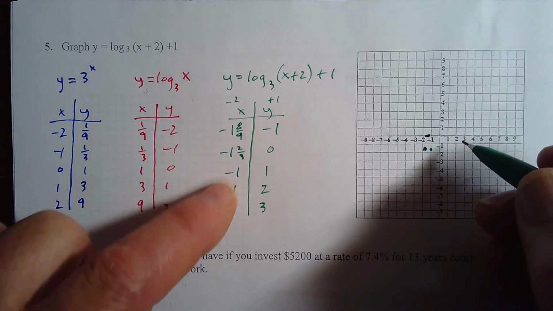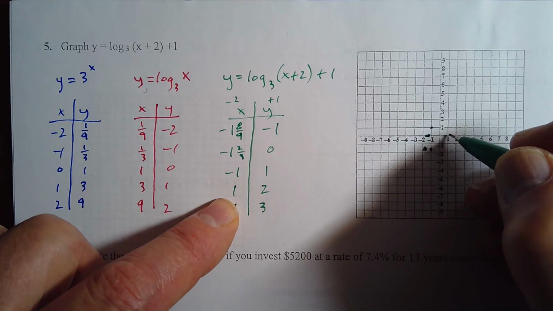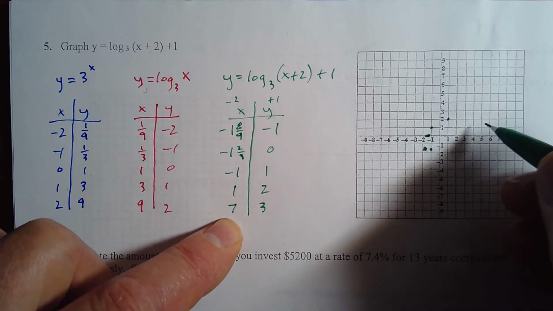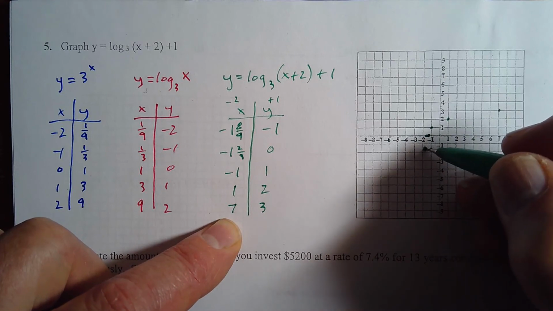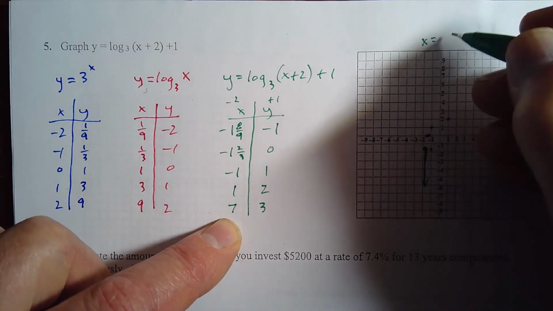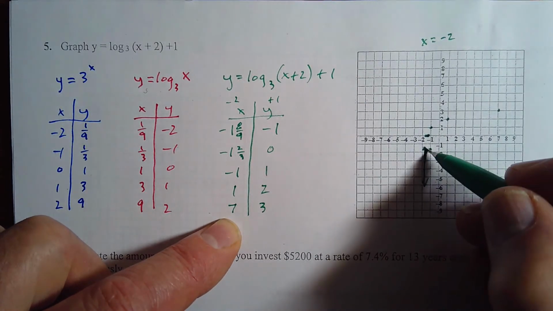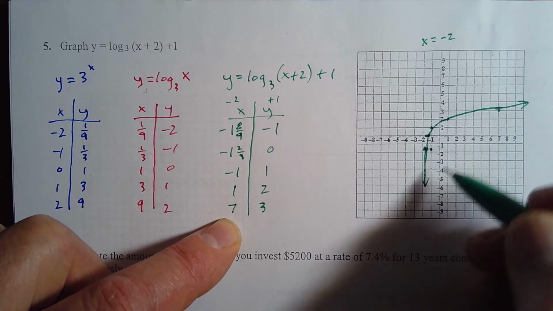About there. -1 and 1. 1 and 2. And 7 and 3. So we can see that the asymptote for this one is actually x equals -2, and then it goes something like that.